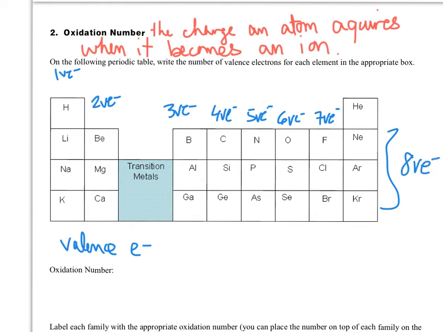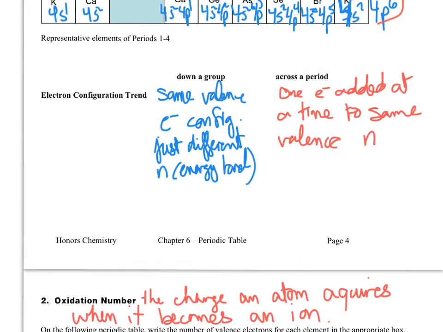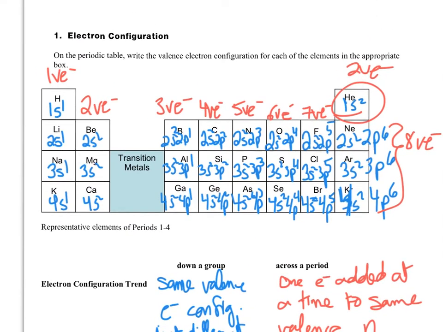Okay, so again, we came up with this from our electron configurations, since it's the same valence electron configuration, those all have the same valence electrons, same with any of the groups. As you go across a period, because you're adding 1 electron to the same valence shell, that's why your valence electrons are increasing as you go across 1, 2, 3, 4, 5, 6, 7, 8.